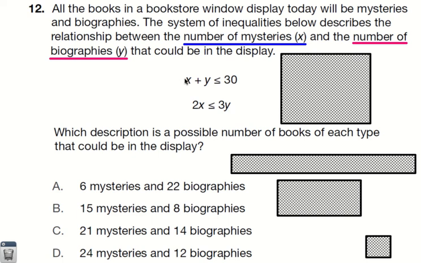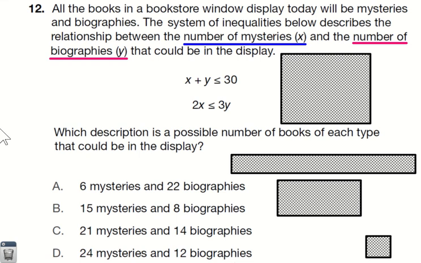So apparently the number of mysteries plus the number of biographies has to be less than or equal to 30 total. But also this, 2 times the number of mysteries has to be less than or equal to 3 times the, okay. Which description is a possible number of books of each type that could be in the display? So here we go. Which one of these is correct?